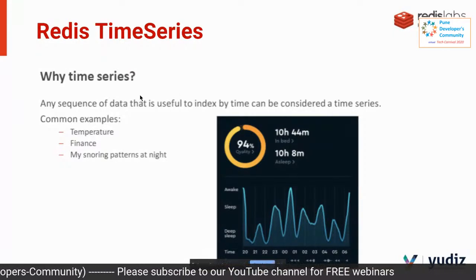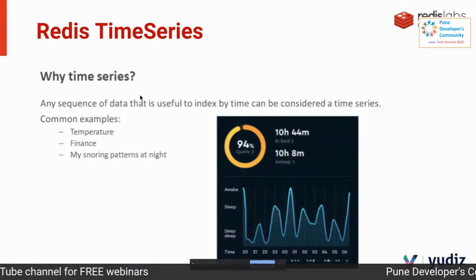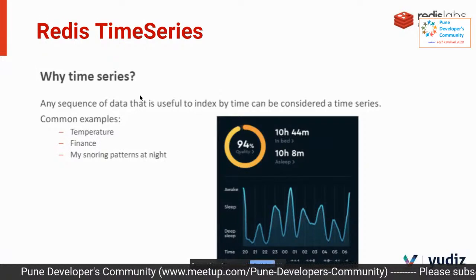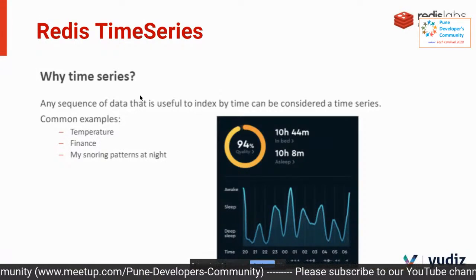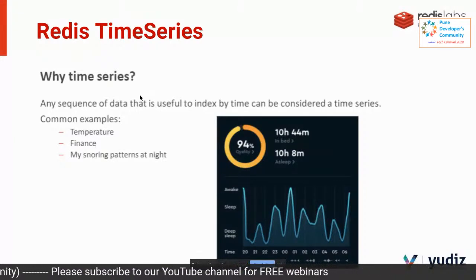These are various kinds of data which come throughout time one by one, and we need to do computation on that, or we need to visualize that data in a time-based manner. So it is called time series data.